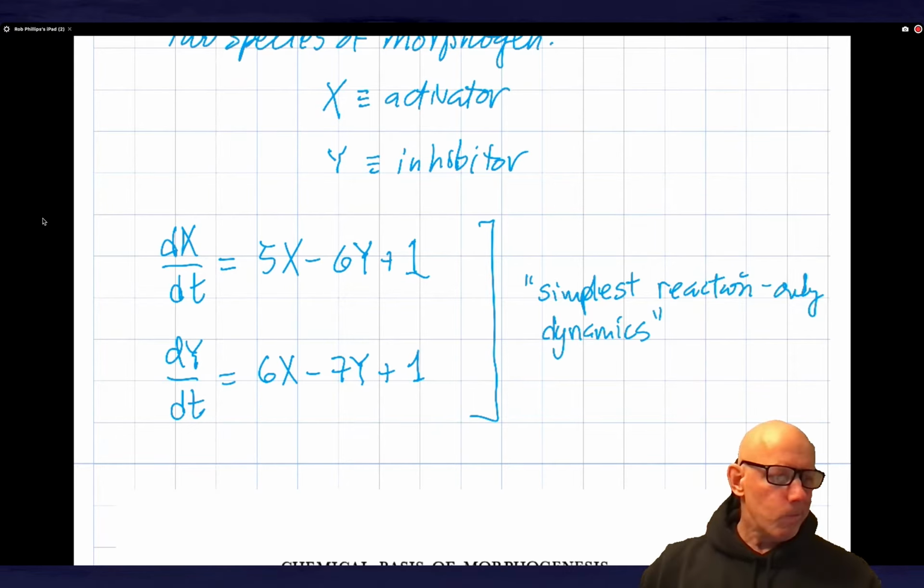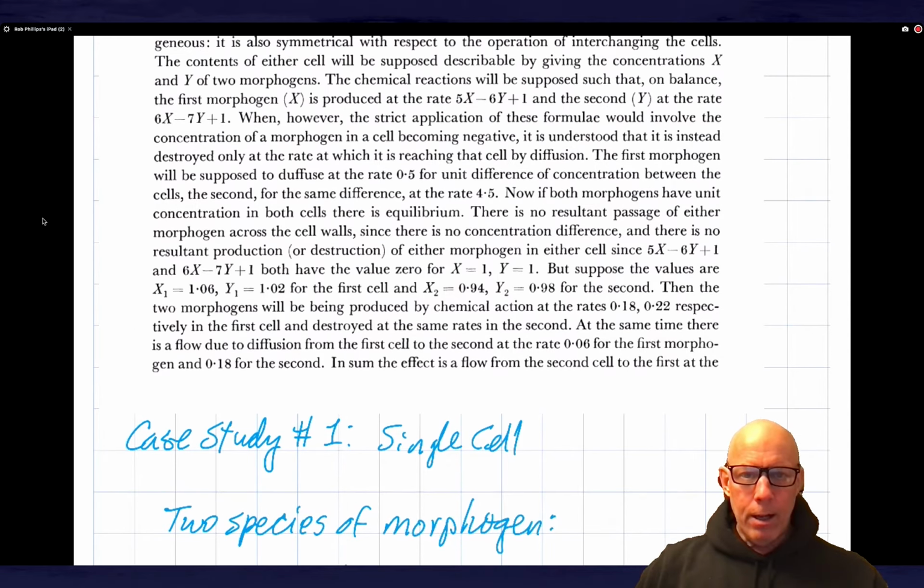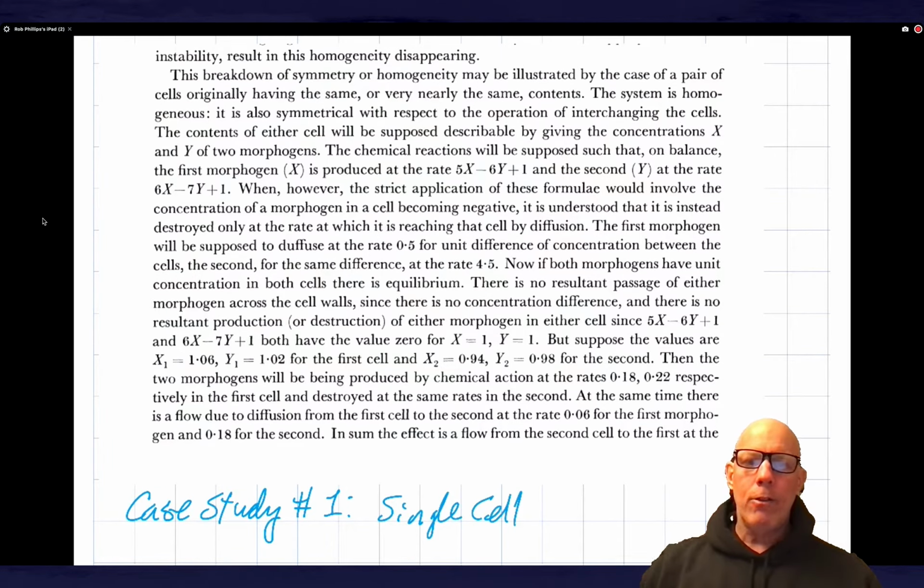And yeah, that's fine. "When, however, the strict application of these formulae would involve the concentration of morphogen in a cell becoming negative, it is understood that it is instead destroyed only at the rate at which it is reaching that cell by diffusion." So, there's some pathologies here. And one of the most interesting things that it took me a long time to appreciate, and Erwin Frey in Munich has been saying very interesting things, and I plan on having a vignette about this, is that this is not a mass-conserving set of reactions.